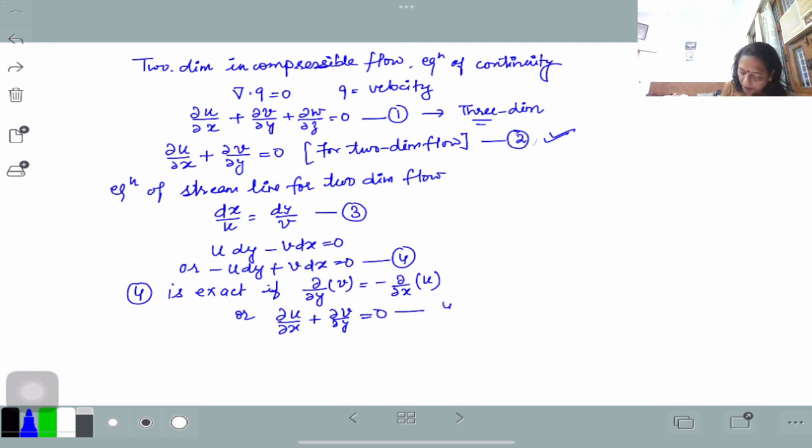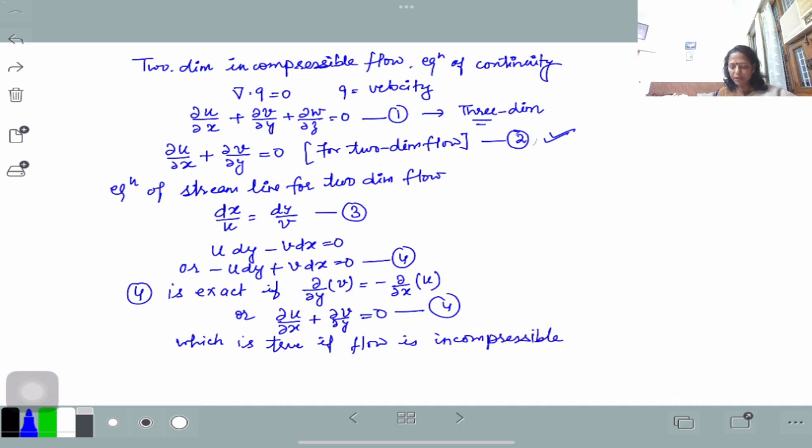So if I look at 2, I say that this is true if flow is incompressible. So if the condition for the exactness is existing, I'll introduce a function which is helping to make 4 to be exact.